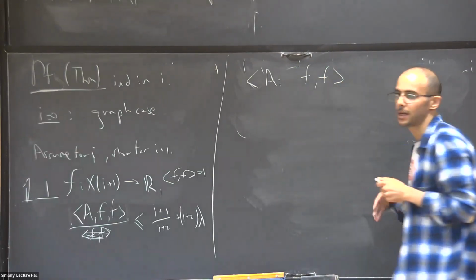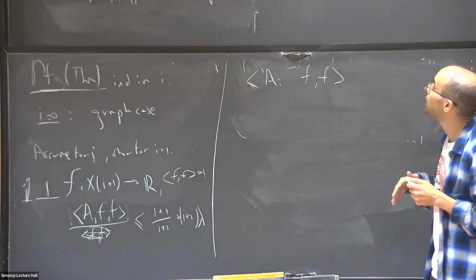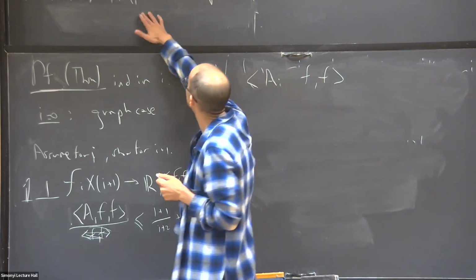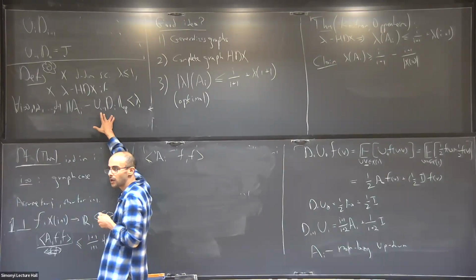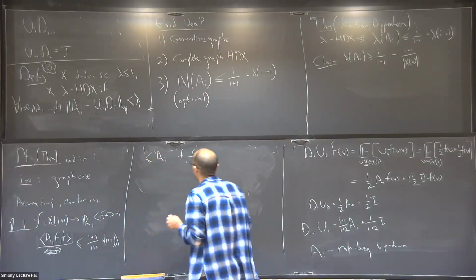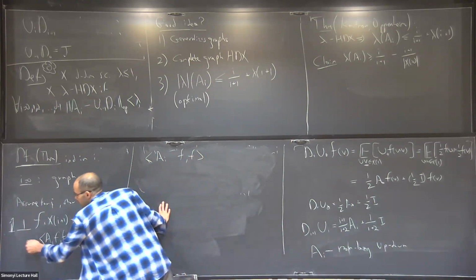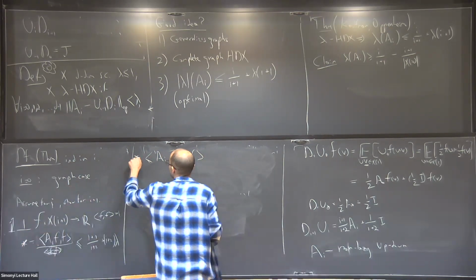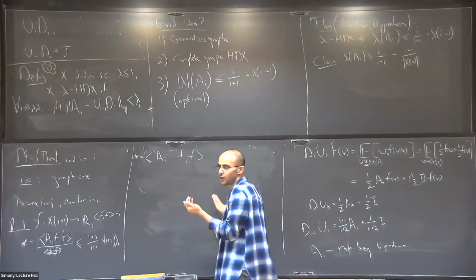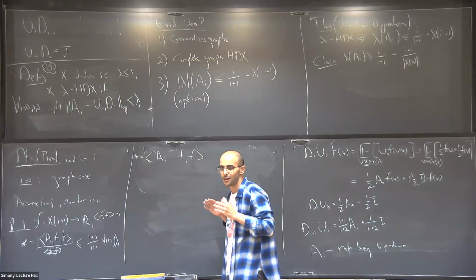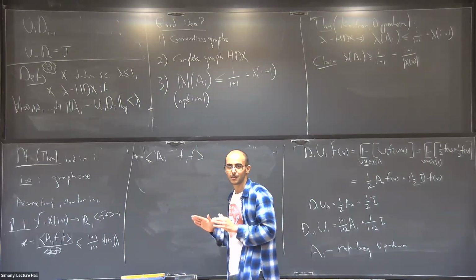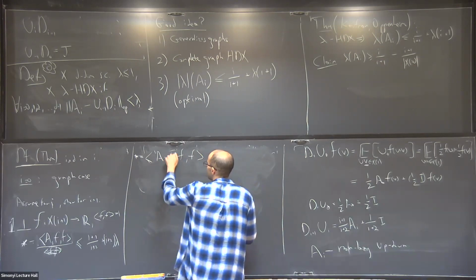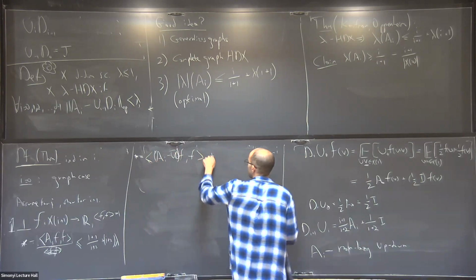Great. So now I want to bound this expression, and what I know is that A_i is very similar to the down-up operator. So let's call this star. What I'm going to do is push the right expression in here.